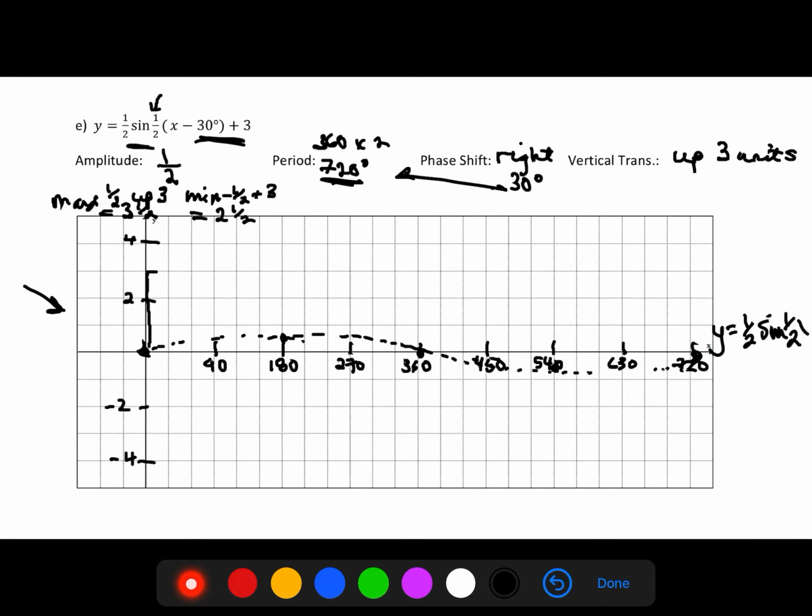Now we have to go right 30 degrees and up 3 units. So we're going to go up to 3 and over, and this is going to be where we're starting. So each of those key points, 1, 2, 3, and over 30, and we repeat that for every key point.